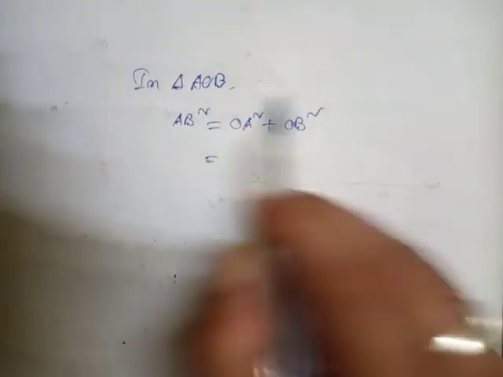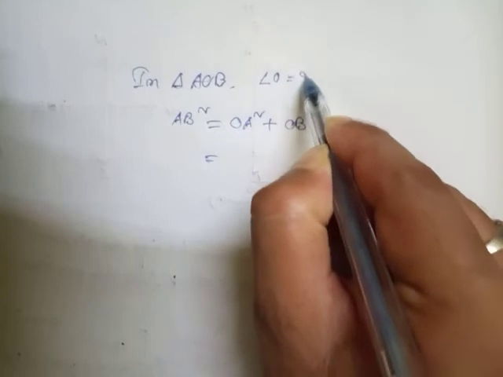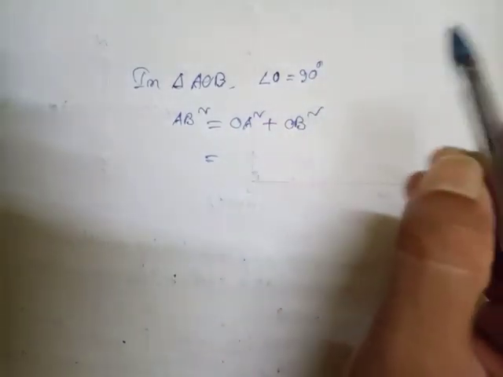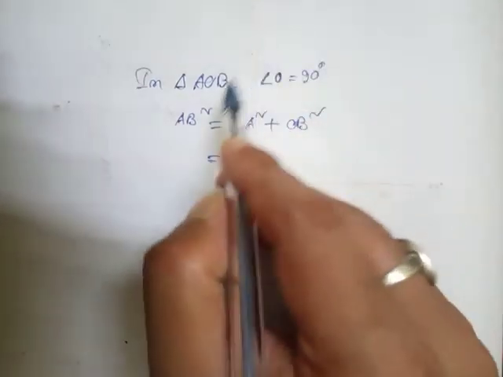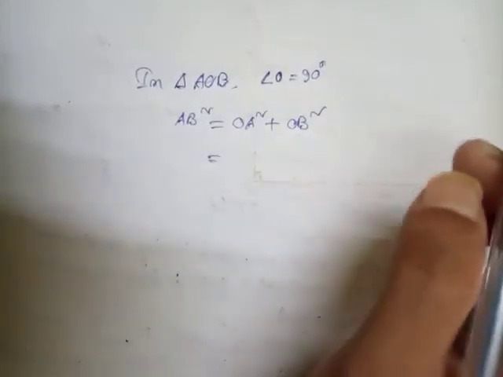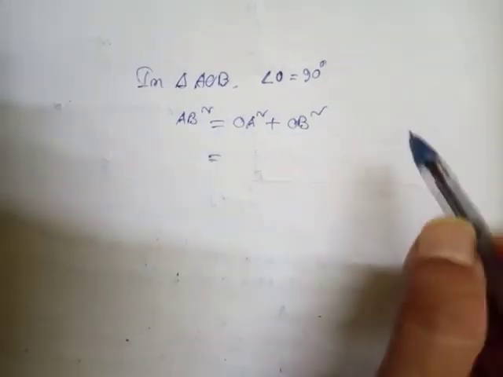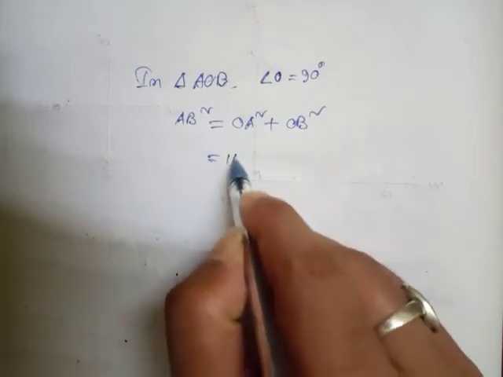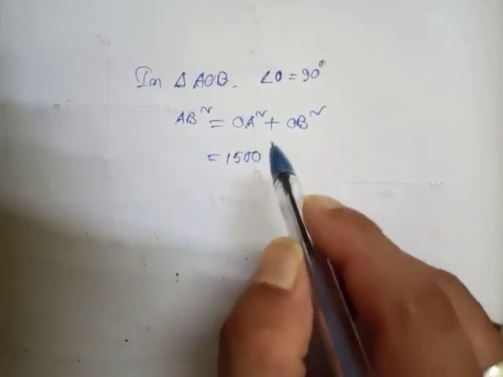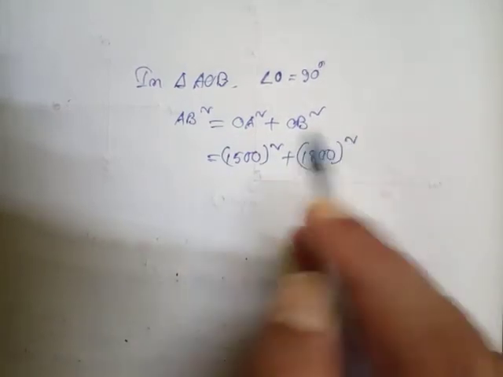In triangle AOB, angle O equals 90 degrees, since O is the airport. Then AB square equals OA square plus OB square. AB is the hypotenuse, the distance between the two planes. So the value of OA is 1500 whole square, and OB is 1800 whole square.